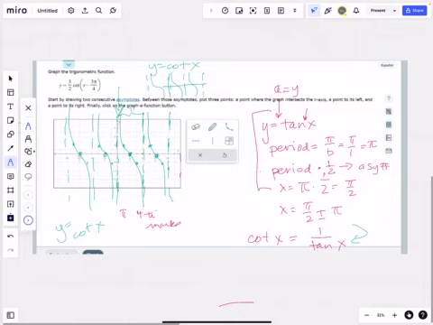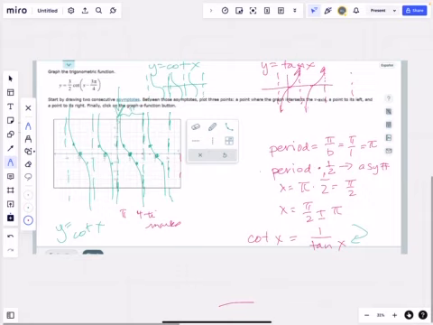For y equals the tangent of x, we have asymptotes to the left and the right of the y-axis, and a function that increases. Other than that, everything else is the same.